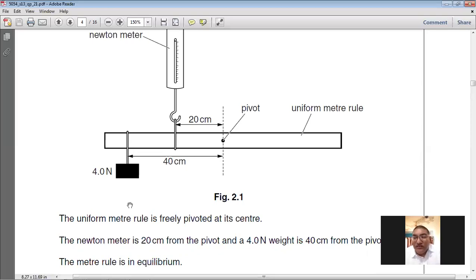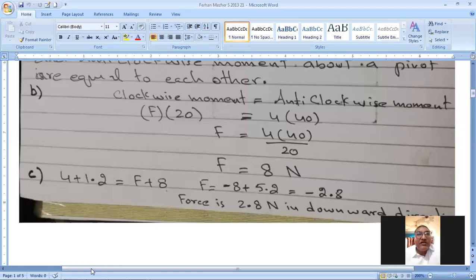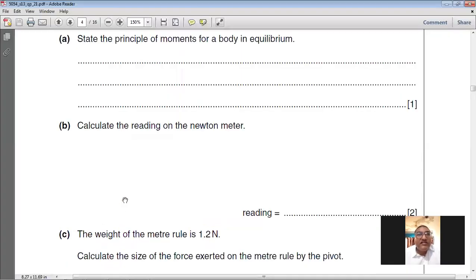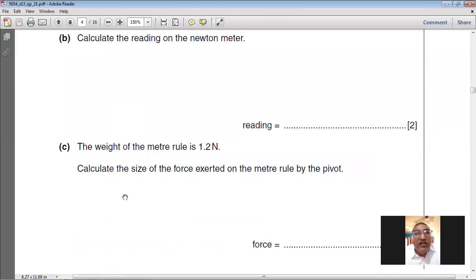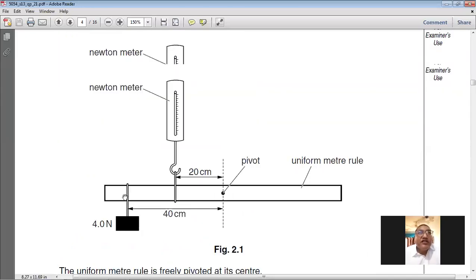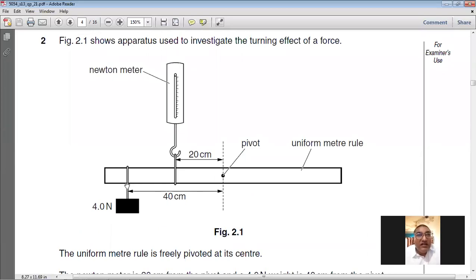And another extra weight they have hung here. Let me read the question again. Just got distracted. The weight of the meter rule is 1.2 Newton. So here downward we have 4 Newton, and here the weight of the meter rule is acting at the center of gravity, that is 1.2 Newton. So in the downward direction there are two forces, 4 Newton and 1.2 Newton.